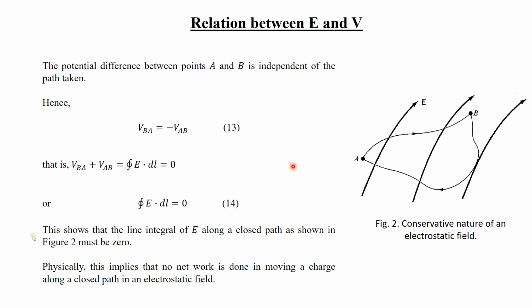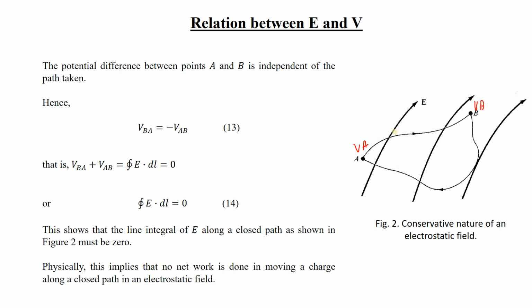Here also it is a line integral. If it is a closed line integral, you start at point A, travel to point B, and again end at point A, so it is 0. There is no work done to move a charge in a closed path, because you are moving a charge from A to B. Point A has some potential VA and point B has some potential VB.